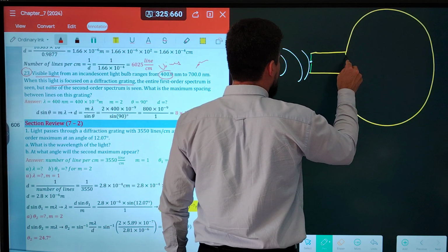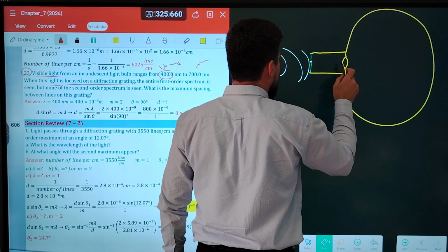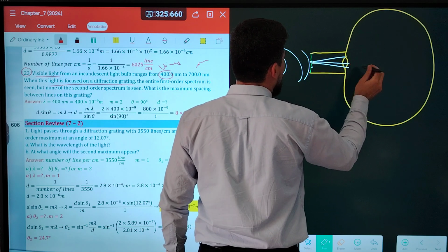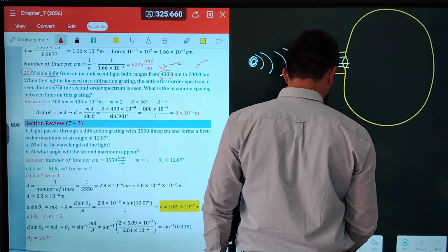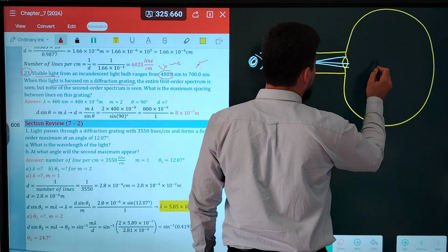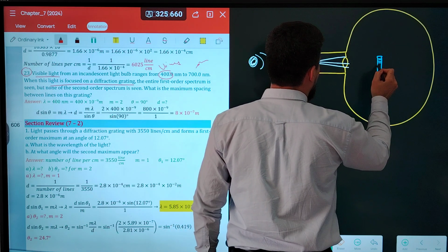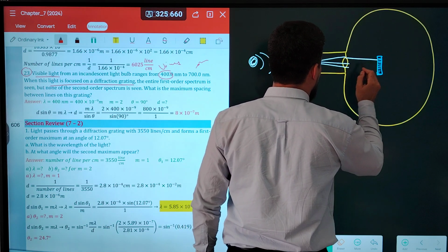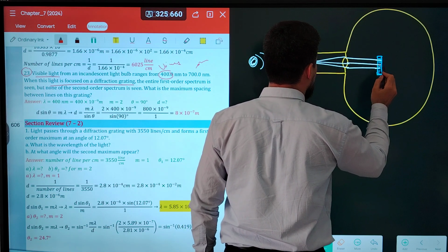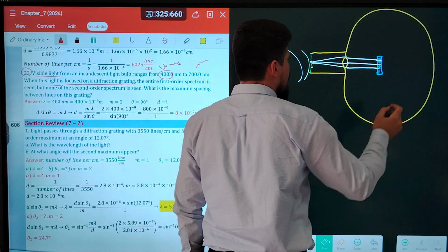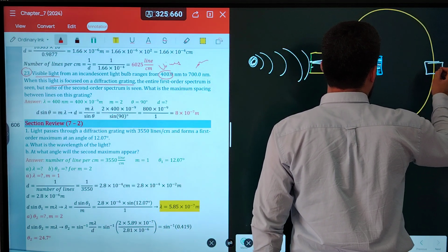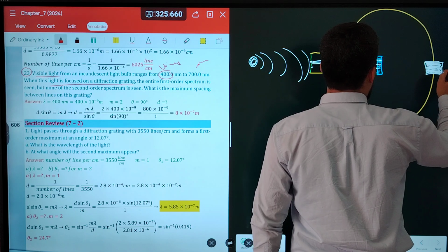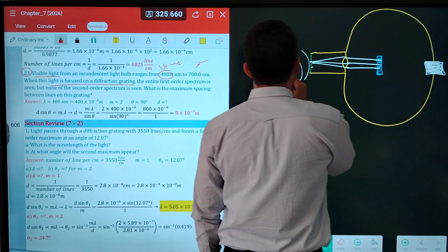Also we have a converging lens here to make the light parallel to the diffraction grating. This is the diffraction grating. It has a number of lines, and the white light strikes the diffraction grating. The central order becomes white also. The central bright always has the same color as the source.